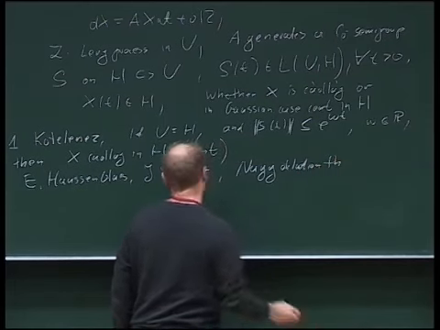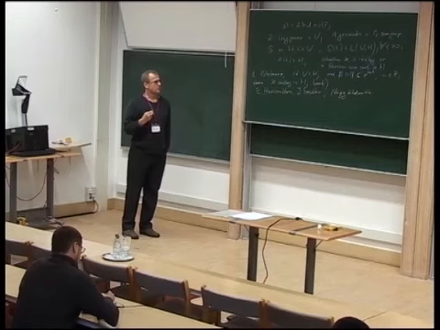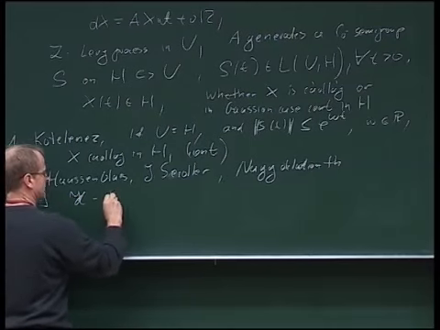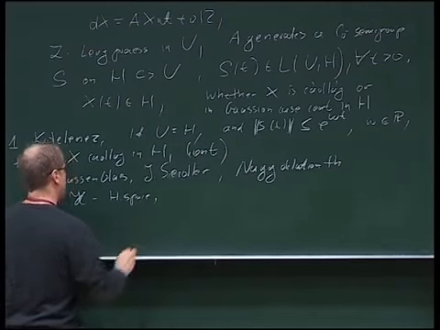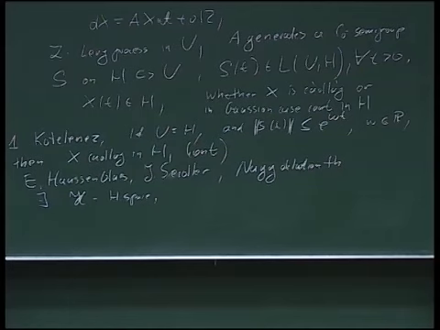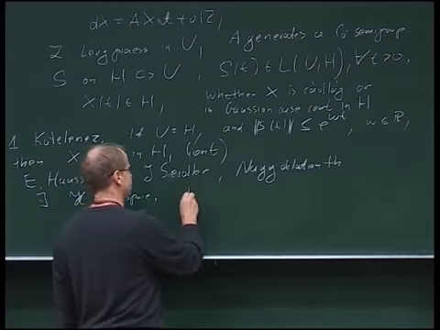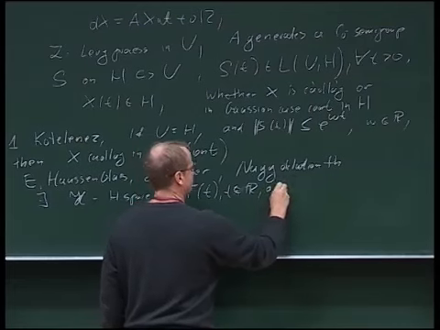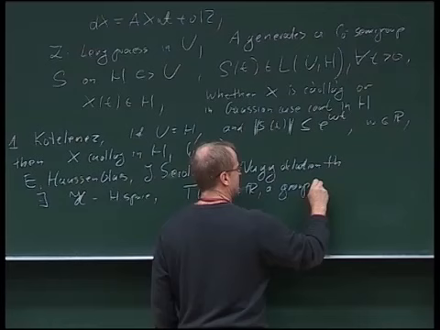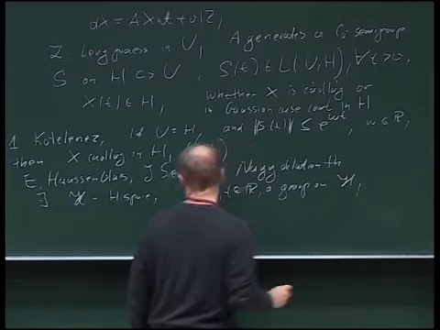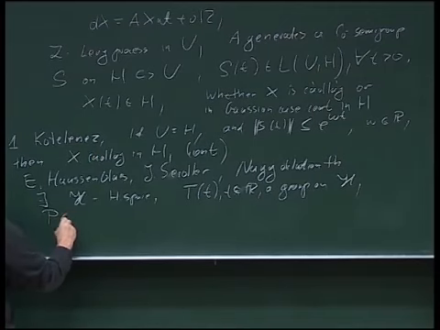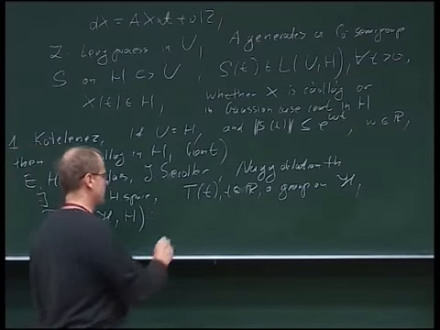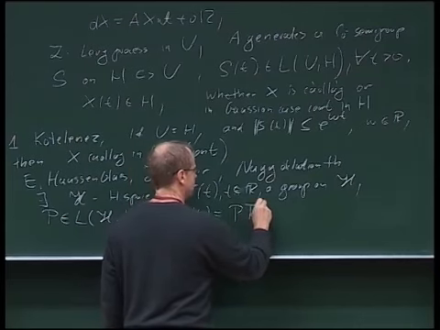This theorem says that there is a Hilbert space script H, and there is a strongly continuous group T on script H, and there is also a continuous projection P from script H to H such that S_t is P T_t.